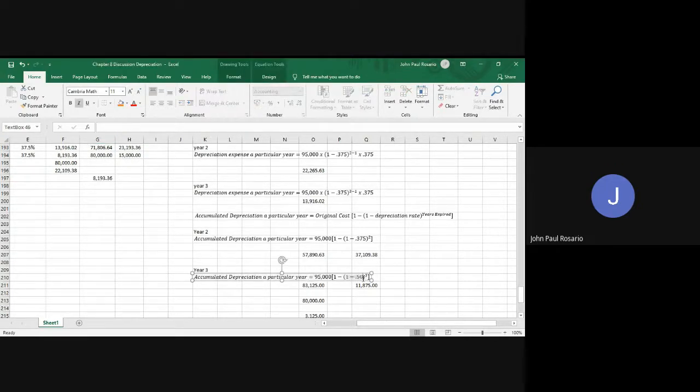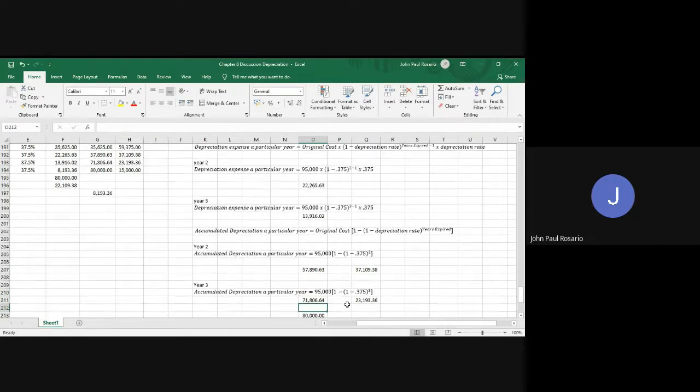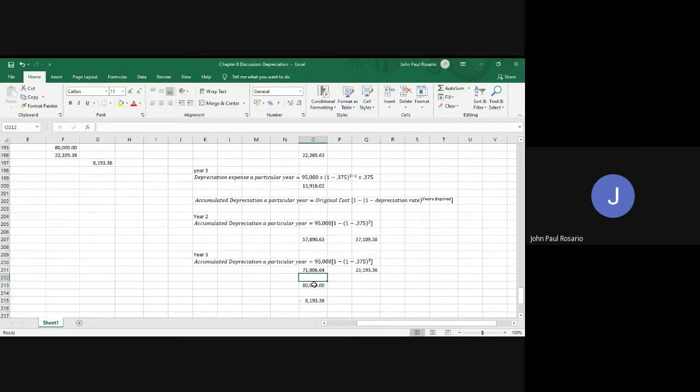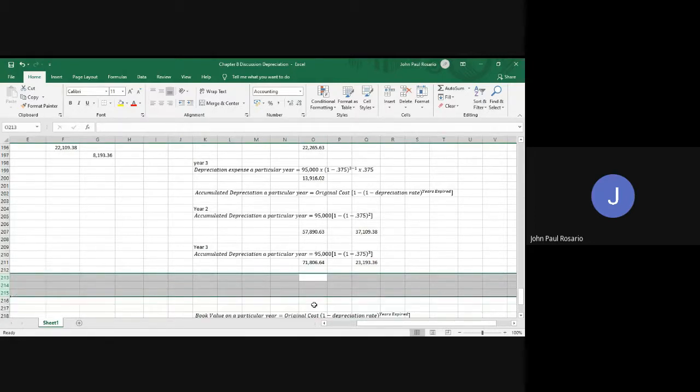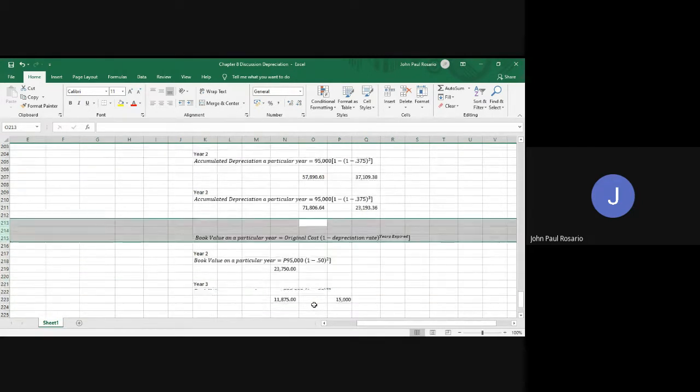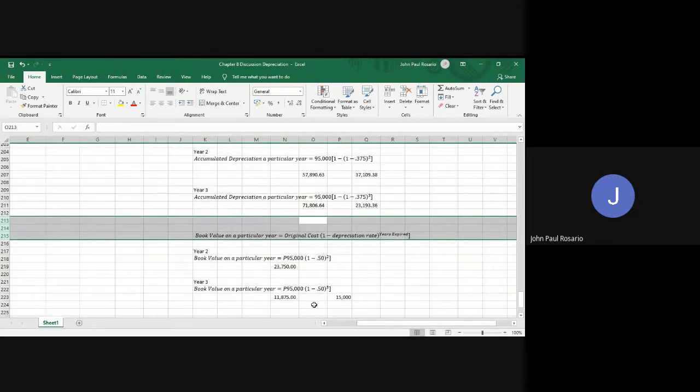Accumulated depreciation in year 3, that's 37.5. Then we edit it here. That's 71,806.64 and 23,196.36. And then for our book value in a particular year, this is 37.5 as well.